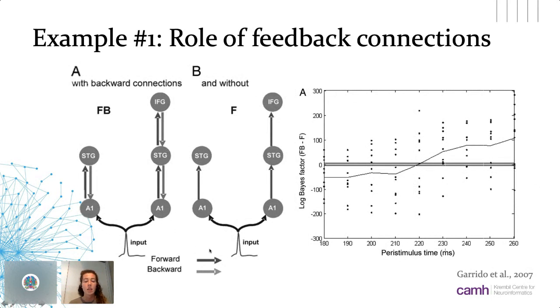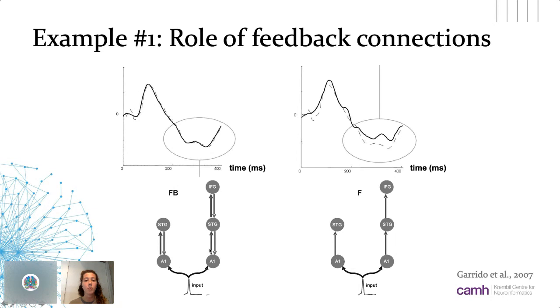To drive the point home, using both models, the authors simulated deviant ERP responses, shown in the solid black line, and then compared this with the real or observed data shown with the dashed line. We can see that in the beginning, both models provide a pretty good fit for this earlier response, but it's the forward-backward model at this later component that is the best fit.